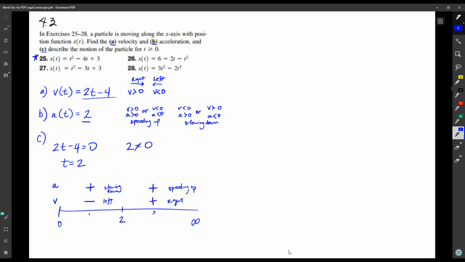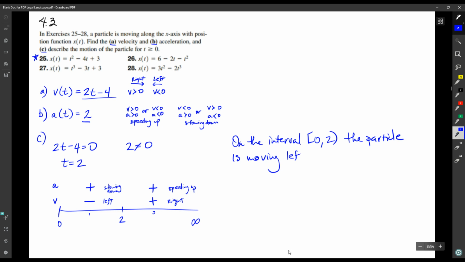We can say something like this. On the interval 0 to 2, the particle is moving left and slowing down.